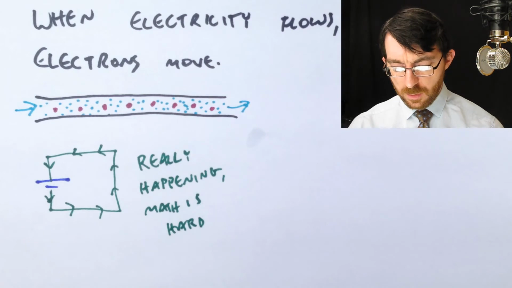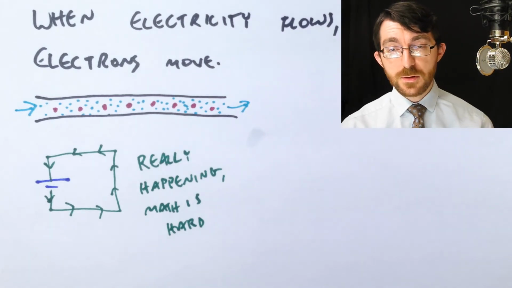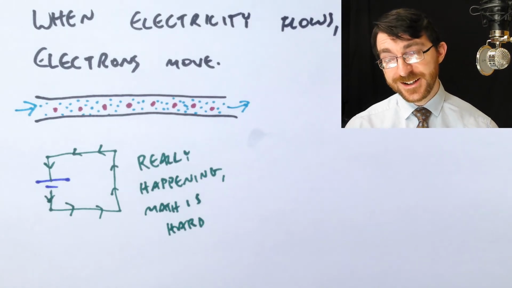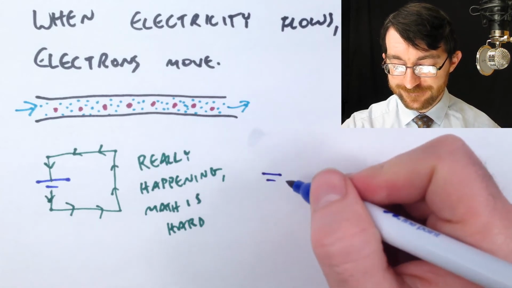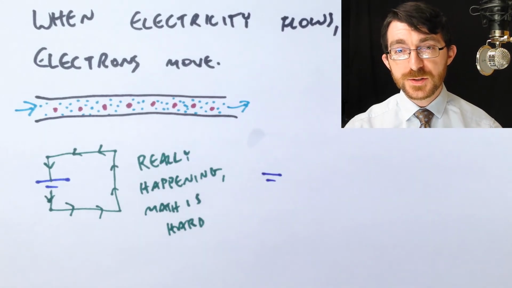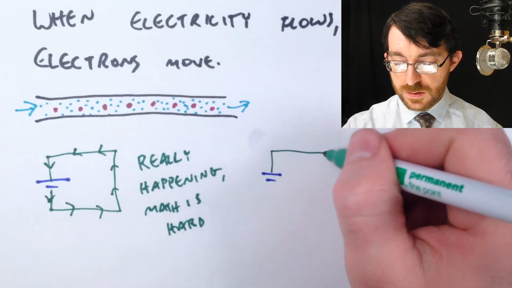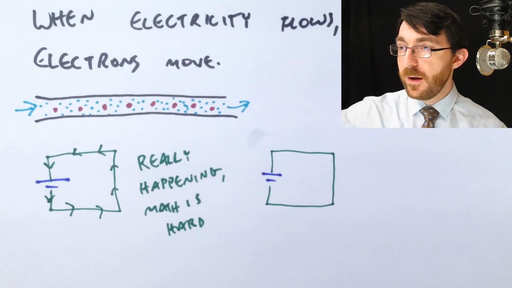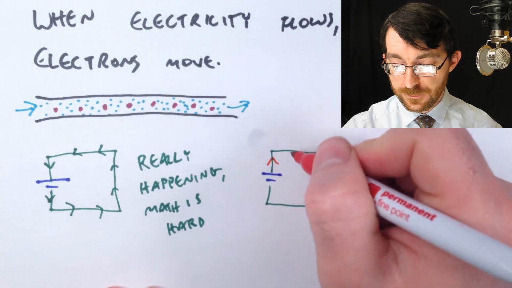So, what do we do when the math gets hard? We either quit or we change the math. So, here's the redesign. What we do is, I'm embarrassed for physics to have to even tell you this. What we do is we just imagine that positive charges are moving in the opposite direction.